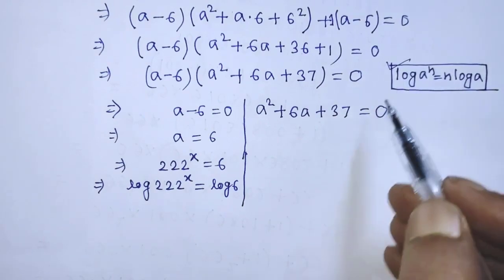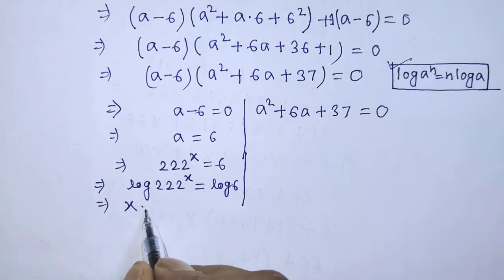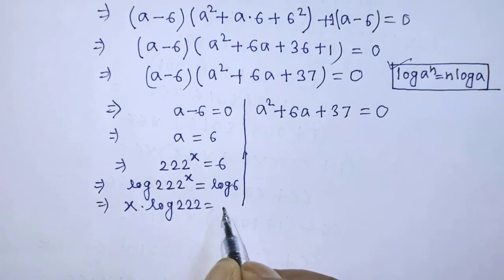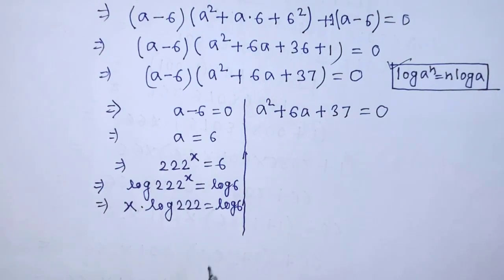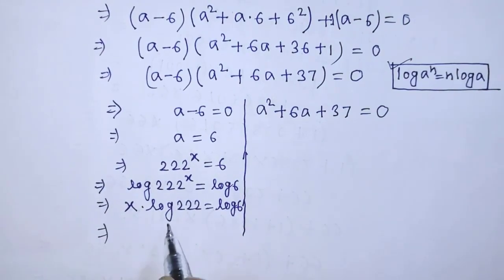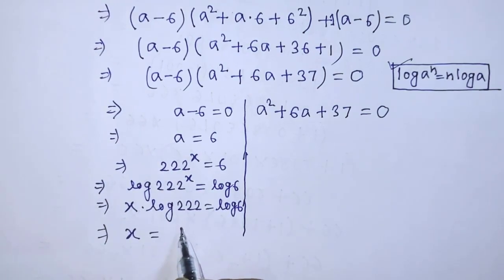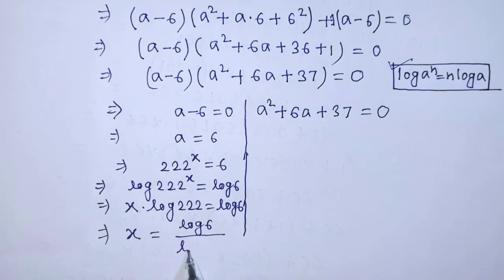So we can write x times log 222 = log 6. After that, we transpose log 222 to the right hand side. Then x = log 6 over log 222.